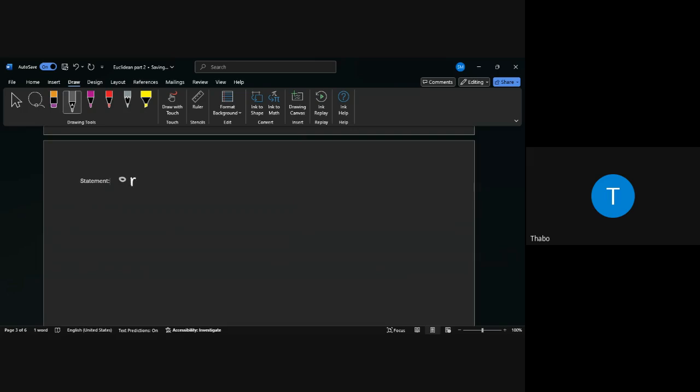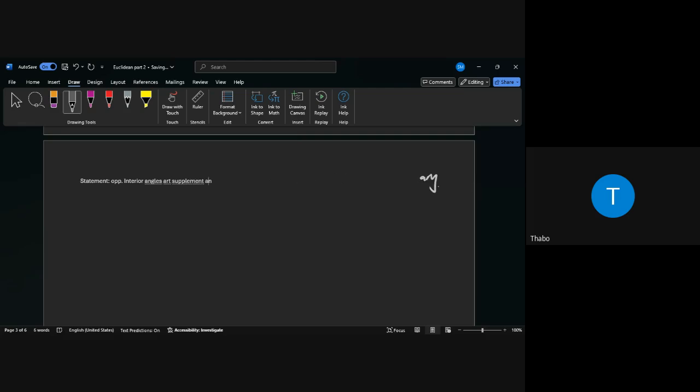the opposite interior angles are supplementary.